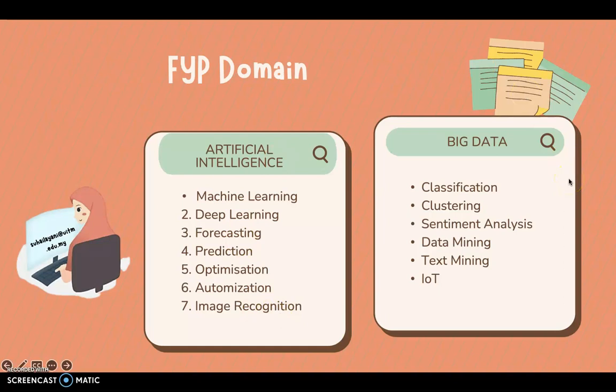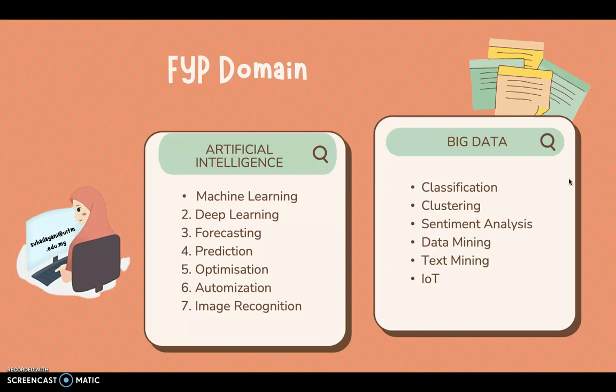As a current trend nowadays is on big data, you can also use this big data domain as one of your focus. You can do classification, clustering, sentiment analysis, data mining, text mining, or IoT. Usually IoT involves networking, but it also involves huge data.